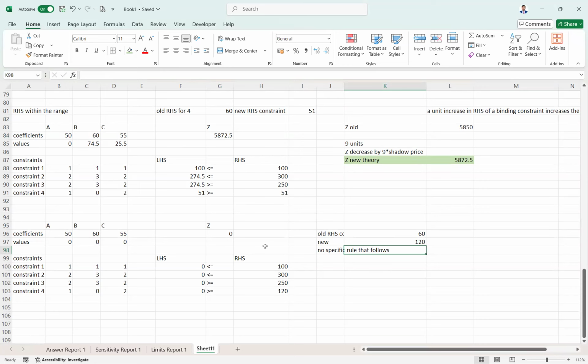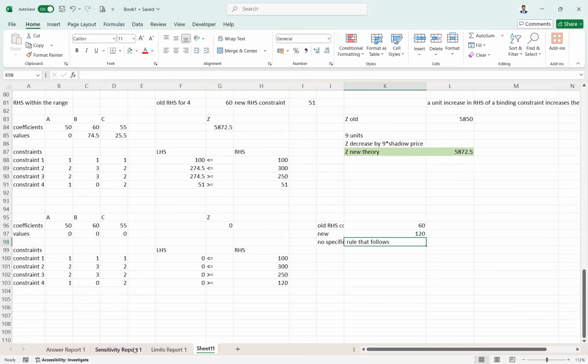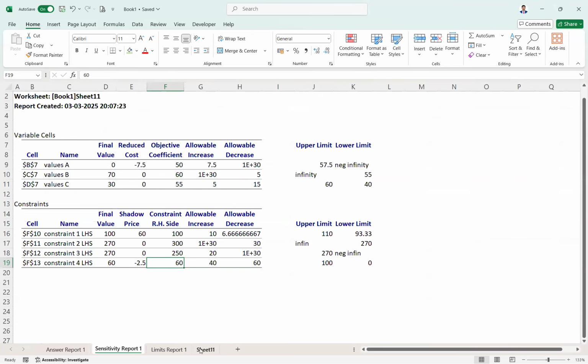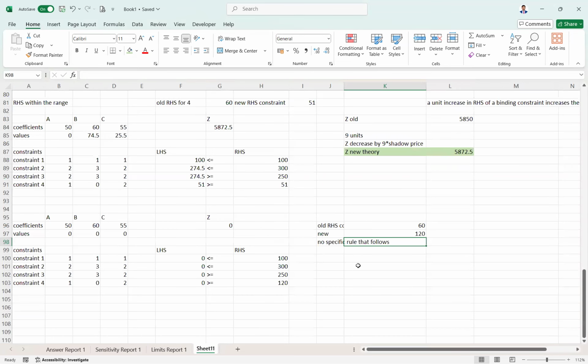For that case, we need to rerun the model again. There is no theoretical way to understand what happened. Here we have said the Z value will decrease by 9 times the shadow price. But when it is beyond the limit, we don't know what will happen.